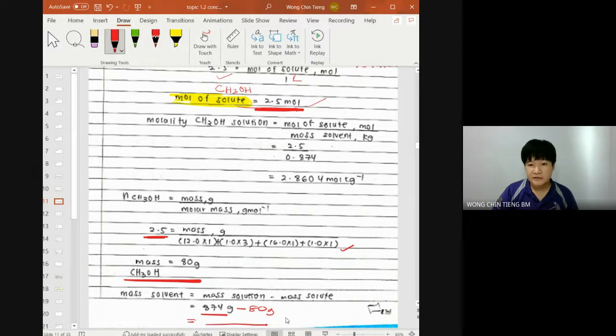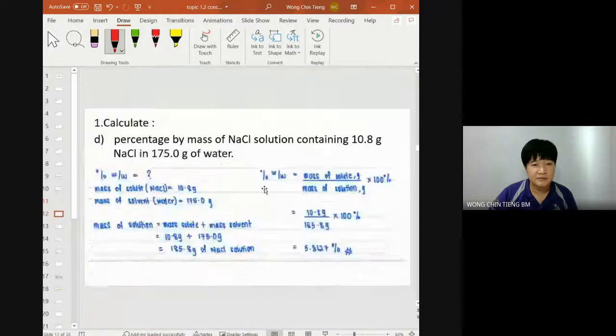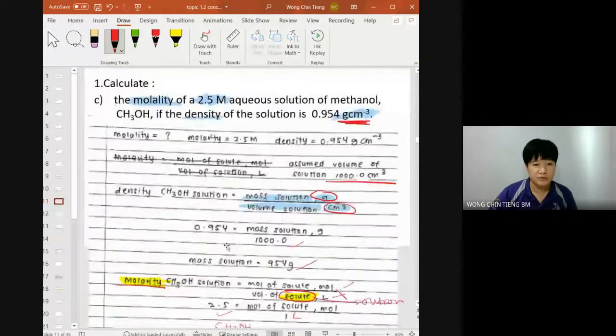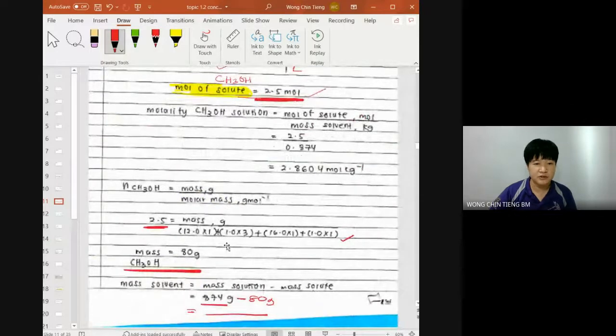Oh sorry, bukan mass of solvent tak habis kira. Mass of solvent habis kira dapat 0.874 kan? Tapi dia tak kira 954 tu. Dia tak tolak. Why your answer straight away, whereas you should actually show what is divide by what.